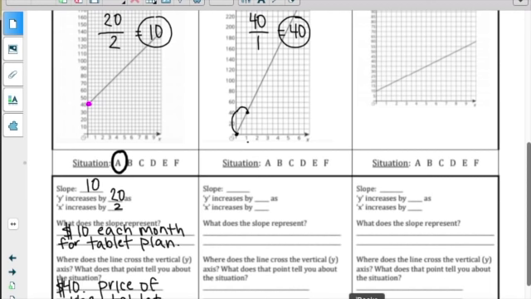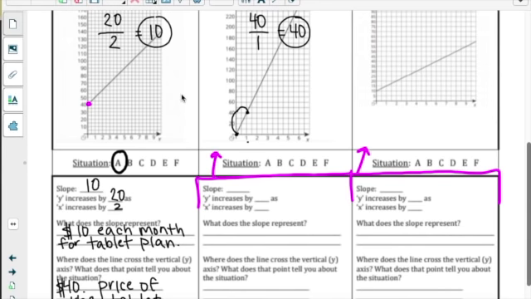Okay, what you guys need to do is finish finding the slope of that last graph, determine which situation goes with each graph, and then answer this and this for these two graphs.